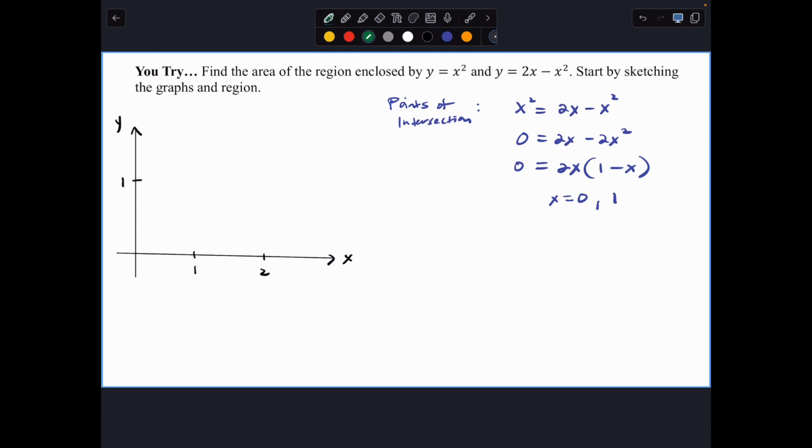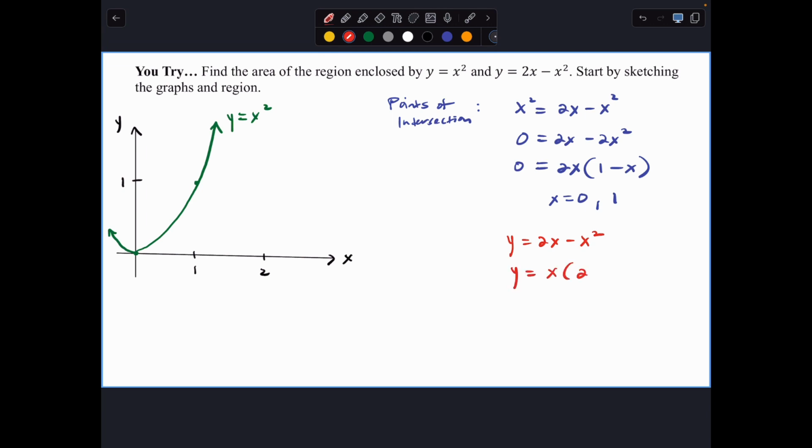Okay, so I think the graph would be wrong. 4 minus 4 is 0. Negative 2 minus 0 is negative 4. We know this one is the top, so that's all that matters, right?